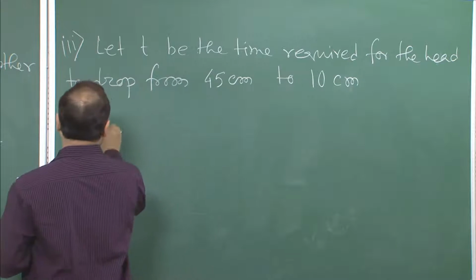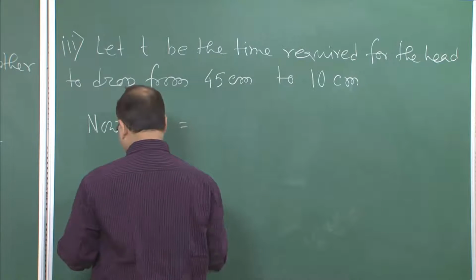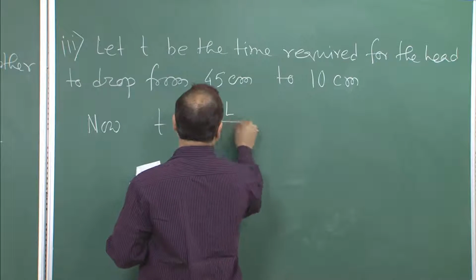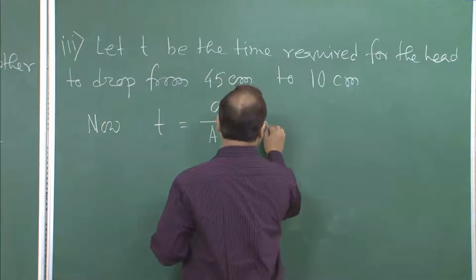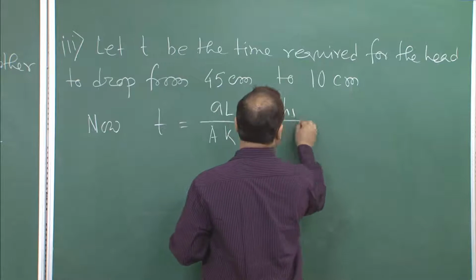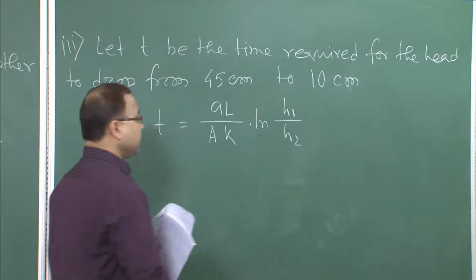Okay. So, we can write T equal to aL by AK into ln(H1/H2). So, this is your expression.